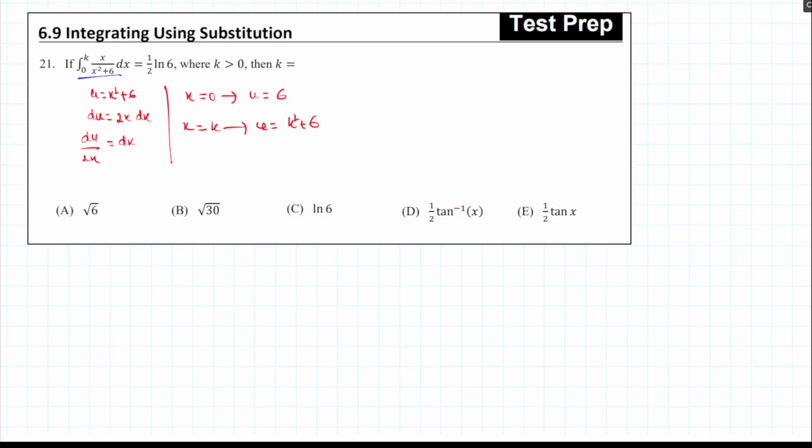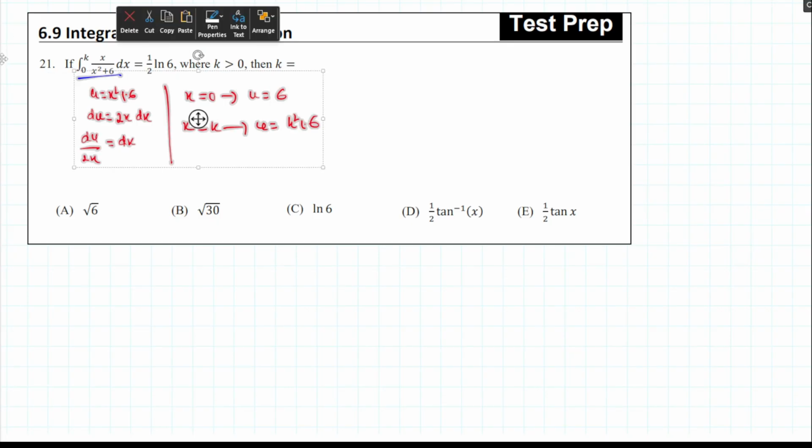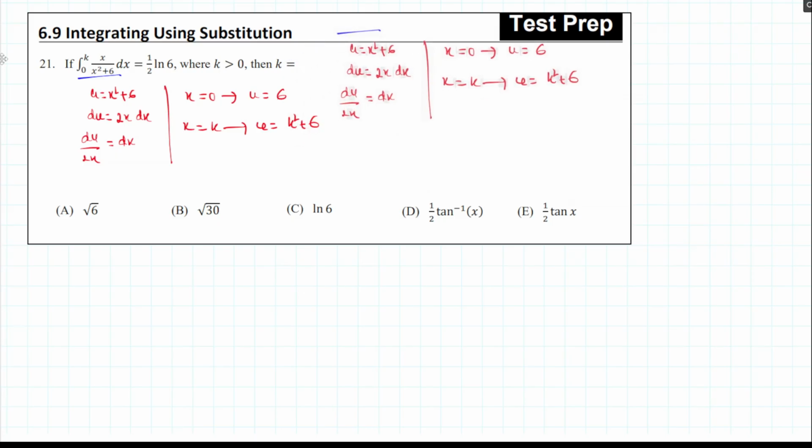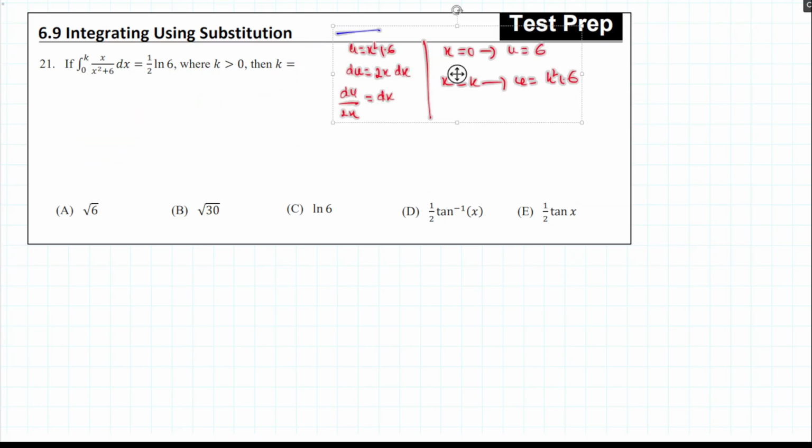Okay, so now this integral becomes: the lower limit is 6, and the upper limit is k squared plus 6, and we have x over u, and dx equals du over 2x.